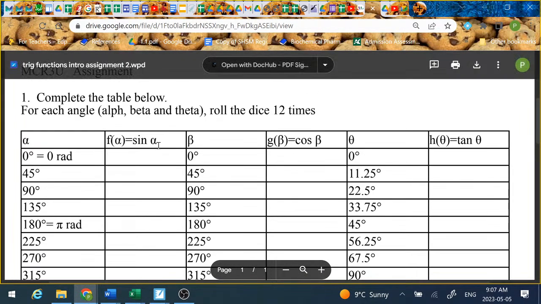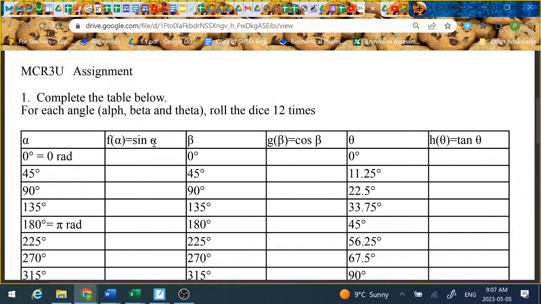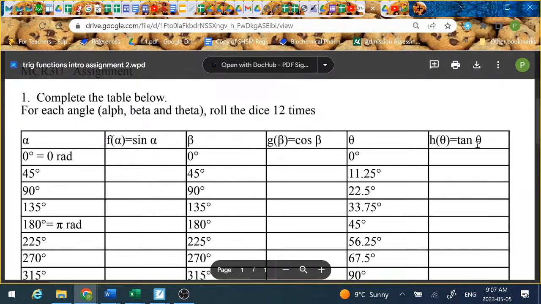Do you guys know what this Greek letter is? Beta. And this one's over here? Okay, so we got Alpha, Beta, and Theta. There's no particular significance. You could use any Greek letter you want, or any English letter, or French. It'll be the same, French and English, without the accents.